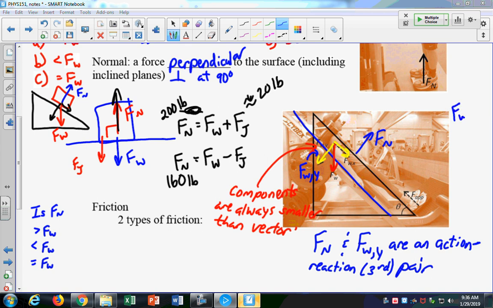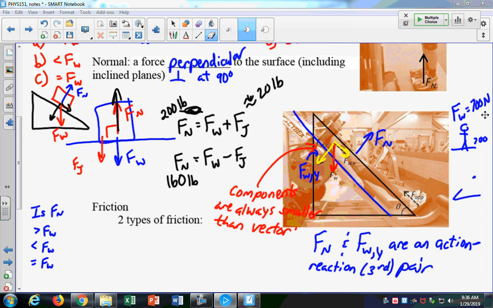So what if FW is 700 newtons? If I stand on a scale like this, it'll read 700 newtons. But if I put my scale on an inclined plane, then it'll read something less than 700 newtons. Normal force is less on those.